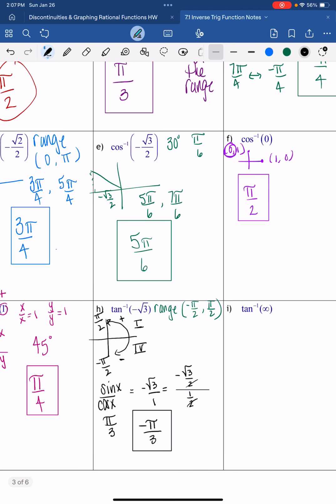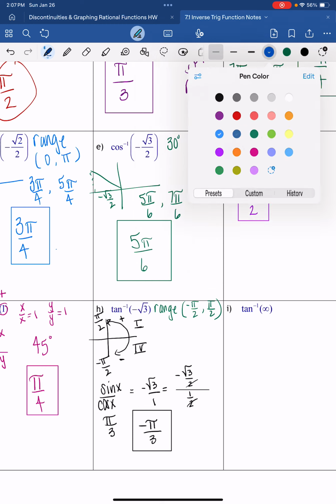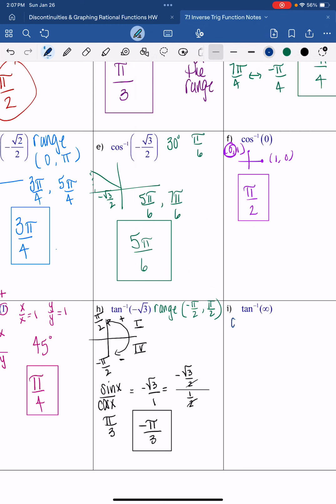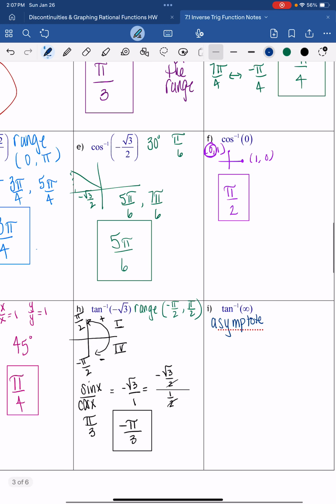What the heck is the tangent of infinity? Like, never seen that before. The tangent of infinity is an asymptote. It is the equivalent of undefined. When I'm asking you who has a tangent of infinity, I'm asking you, where is it undefined?